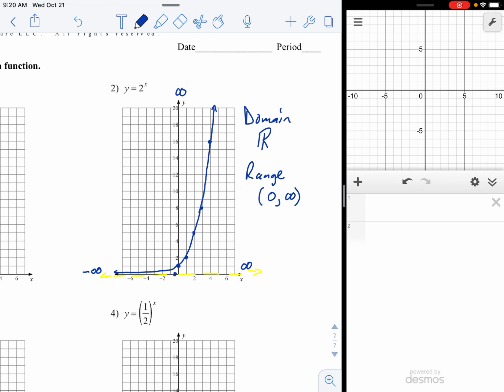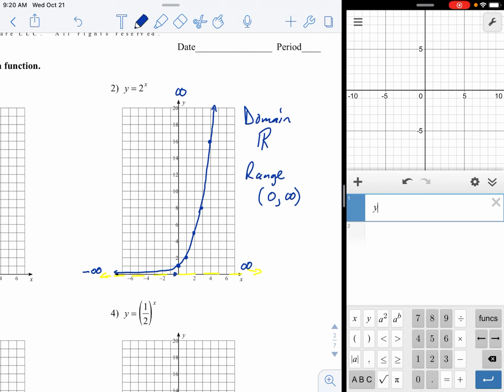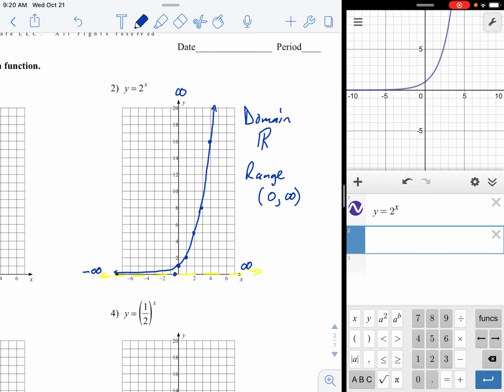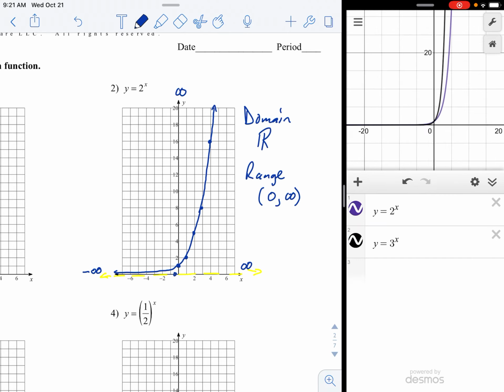Now, before I go any further, that was y equals 2 to the x. Let me get it back on the screen. Oh, man, I'm just messing this all up. Y equals 2 to the x. If you compare that to y equals 3 to the x, my gosh, this keyboard is not responding, the graph is very, very similar.